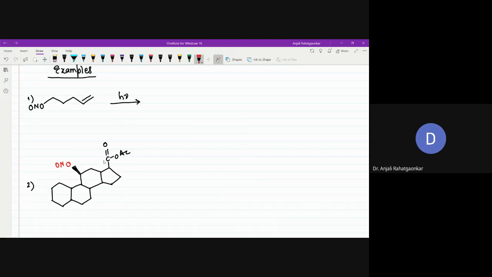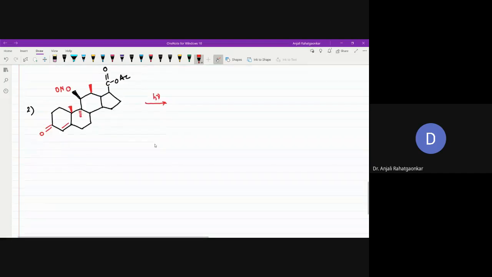So this is a substrate for your Barton reaction, and the third substrate is also again basic chemistry.